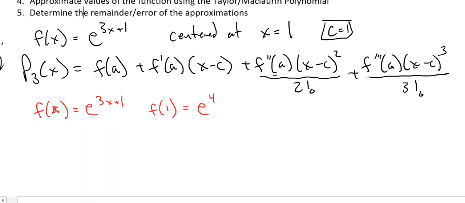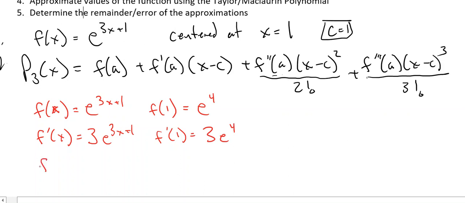And we'll just leave this in terms of e. Then the first derivative of this function will be 3e to the 3x plus 1. And evaluating the first derivative at 1, we get 3e to the 4th.